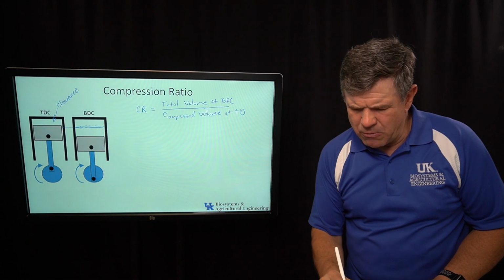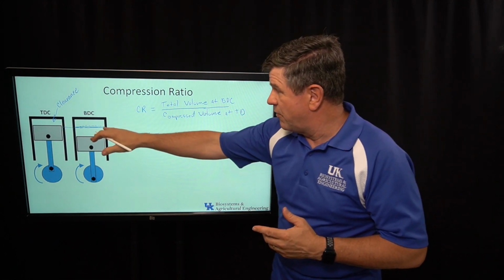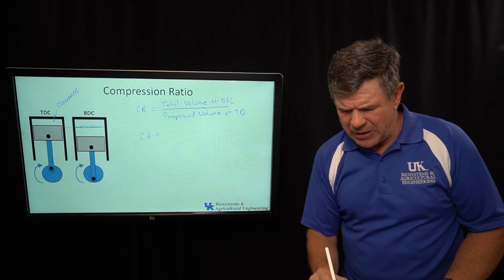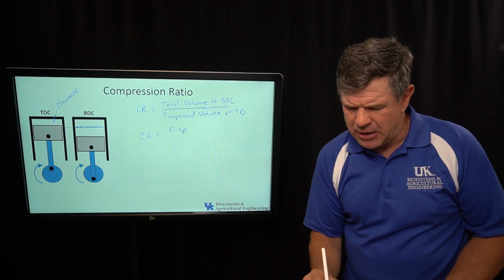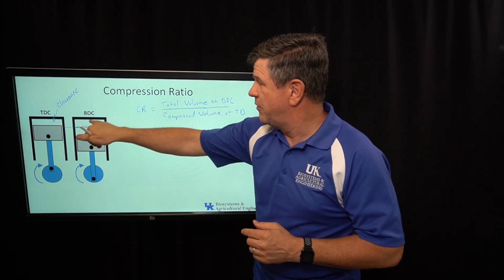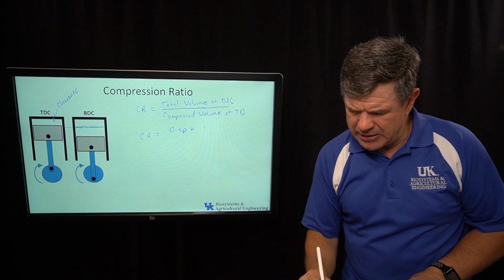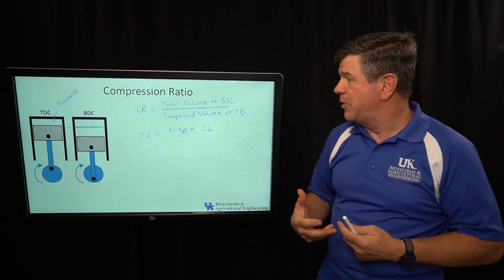So I can rewrite this equation as the total volume, or the volume at bottom dead center, is two things that we know. It is the displacement of the engine, DISP, plus the clearance volume. These two volumes put together. So I'll write that as CL for the clearance volume.